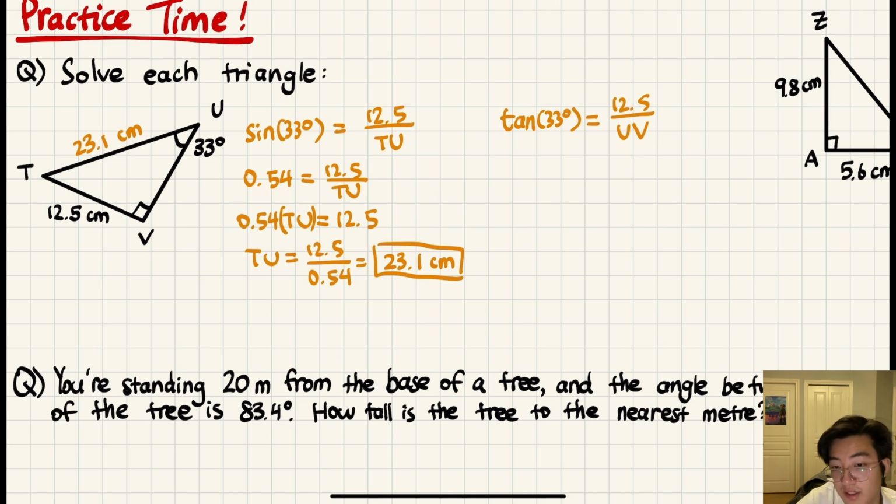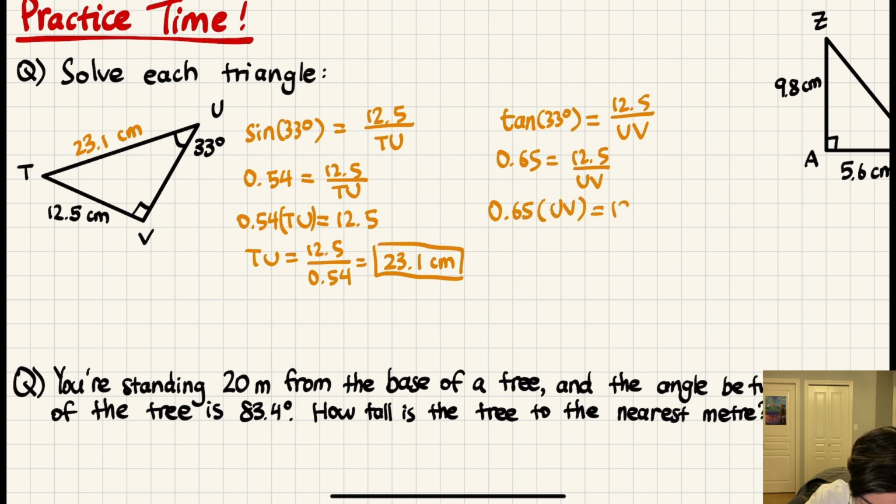From the calculator, the tangent of 33 is 0.65. That equals 12.5 over UV. We multiply both sides by UV and divide both sides by 0.65 to isolate for UV. This gets us 19.2 centimeters.